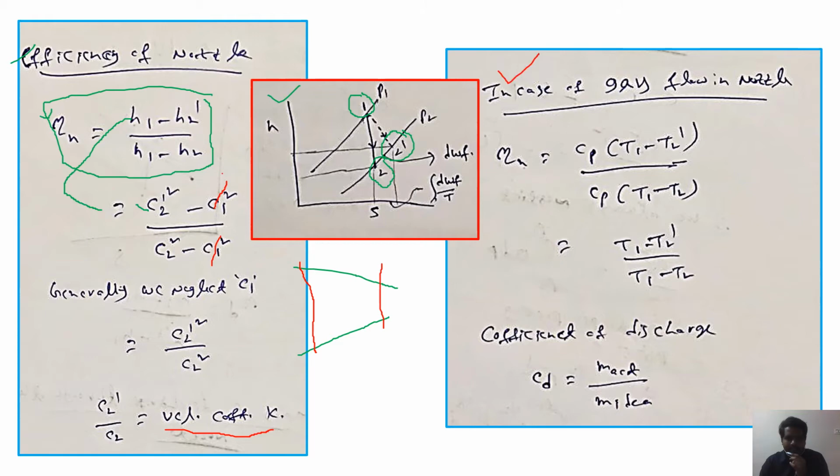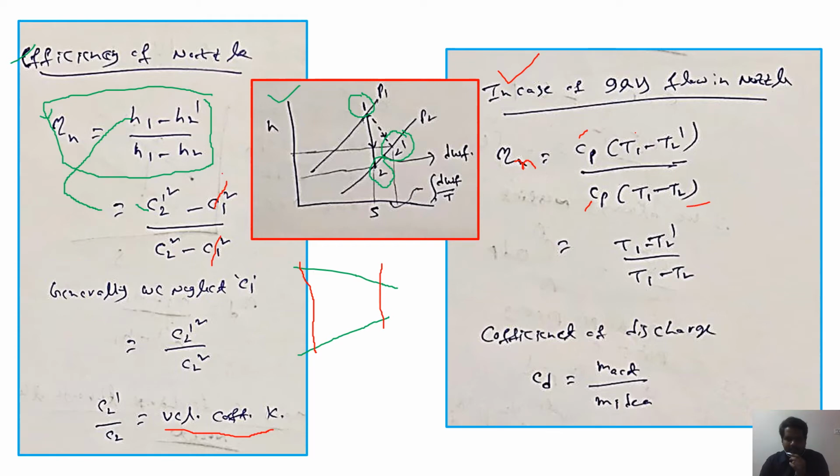Suppose gas or air is flowing inside the nozzle. In that case, the efficiency of the nozzle, because change in enthalpy equals Cp into delta T, we can write it as Cp into T1 minus T2 dash divided by Cp into T1 minus T2.